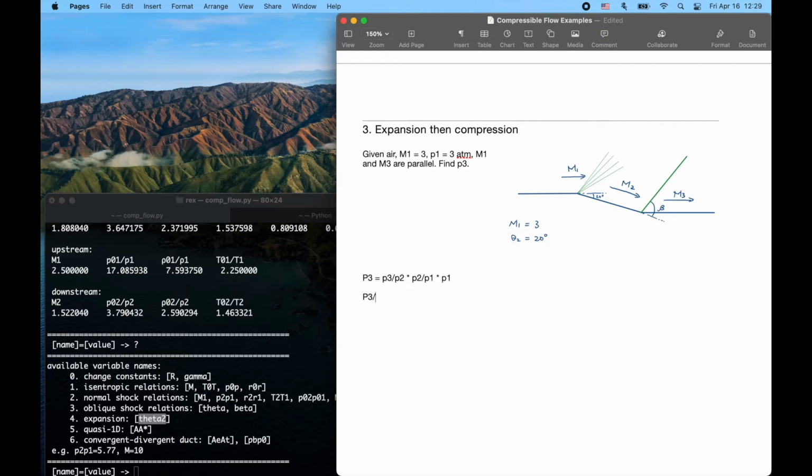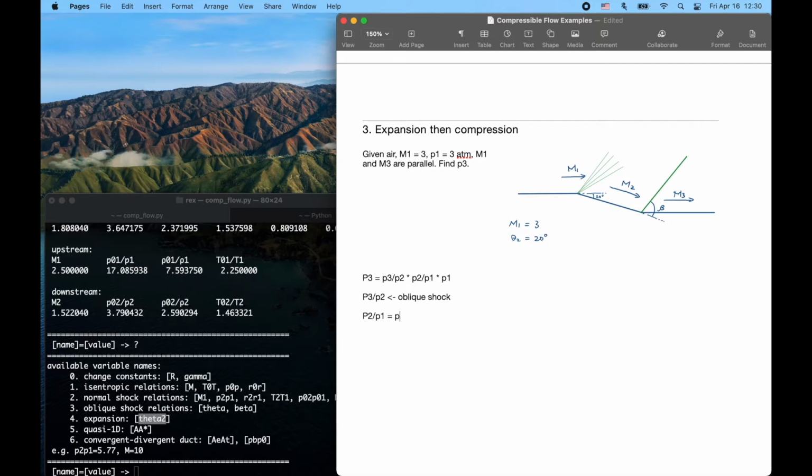P3 over P2 can be found from the oblique shock. And P2 over P1 is across the expansion waves. Crossing all of the expansion waves, this process will be isentropic, which means PO2 equals PO1.